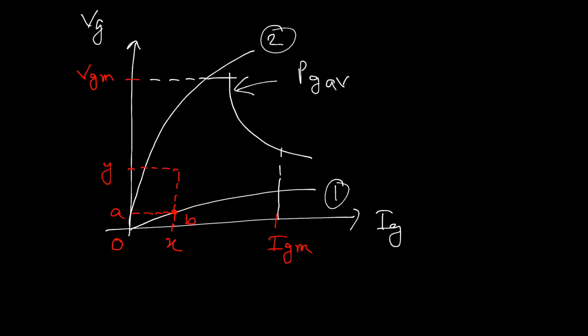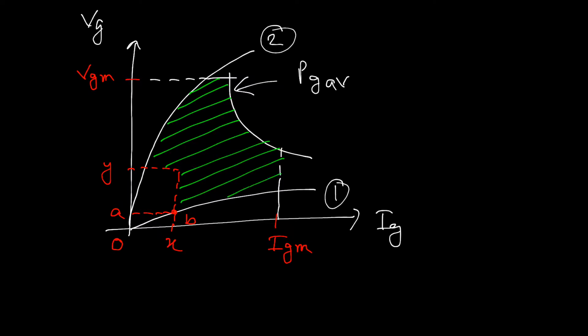That means the confined region is, and which is defined by all the lines, and here I am representing by these green lines, this is called certain firing region.